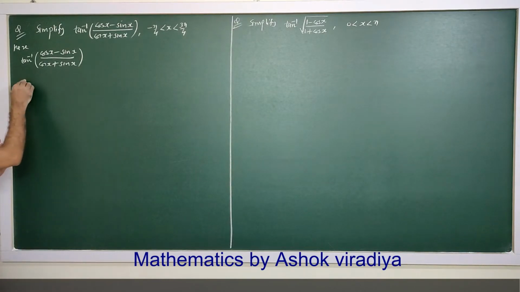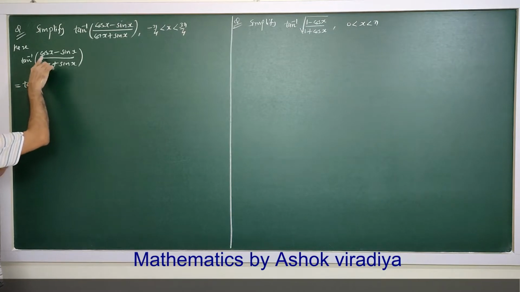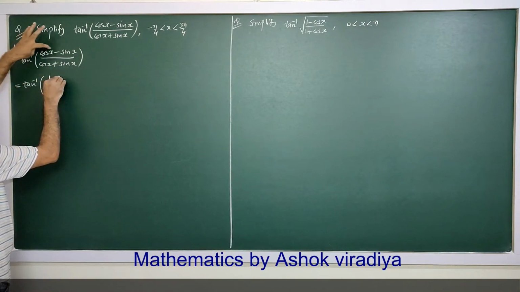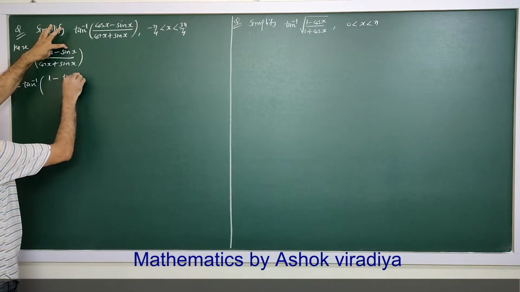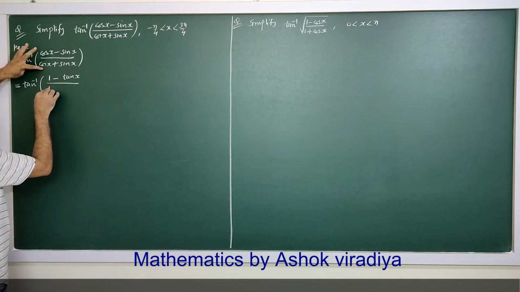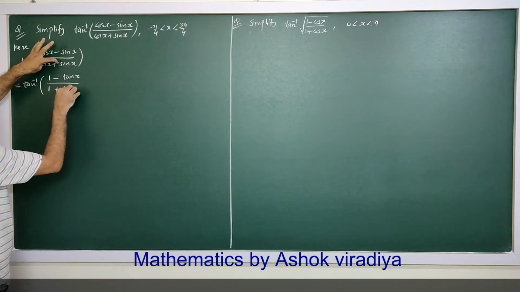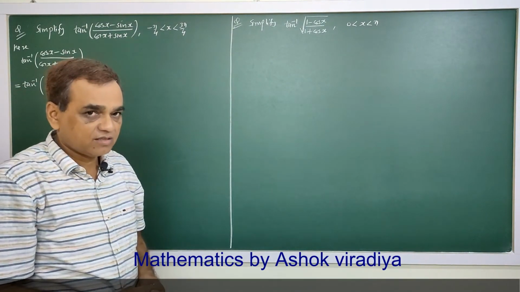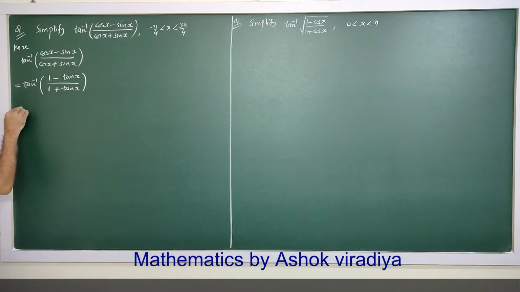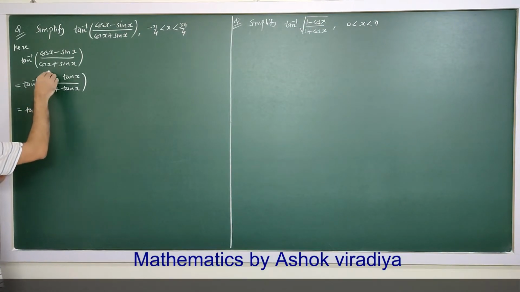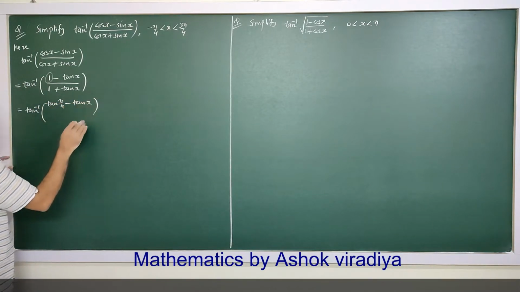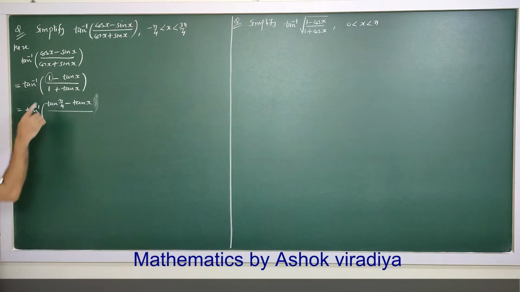For this, I am dividing the numerator and denominator by cos x. Dividing by cos x, we get 1; dividing sin x by cos x, we get tan x; again 1; and again tan x. Now see this 1 as tan pi by 4, and keep the tan x as it is.